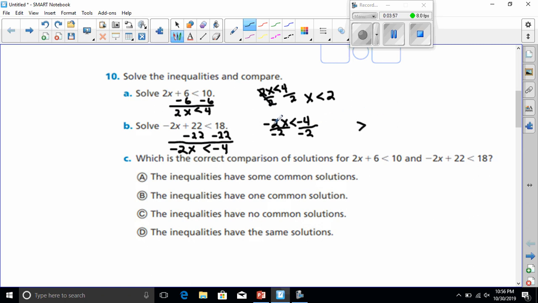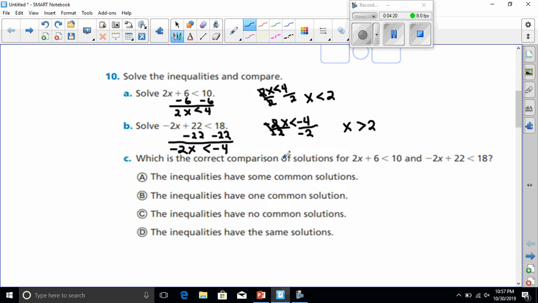Well, now negative 2 is canceled out, leaving x by itself. And negative divided by negative is positive, and 4 divided by 2 is 2. So this time it would be x is greater than 2.